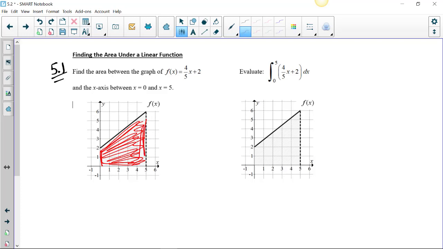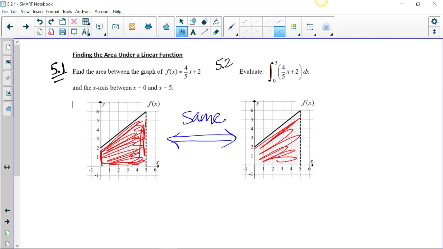Now, in section 5.2, we're saying evaluate this definite integral from 0 to 5 of the function 4/5 x plus 2 dx. Okay, these are the exact same thing. Find this area. They're just different notation.